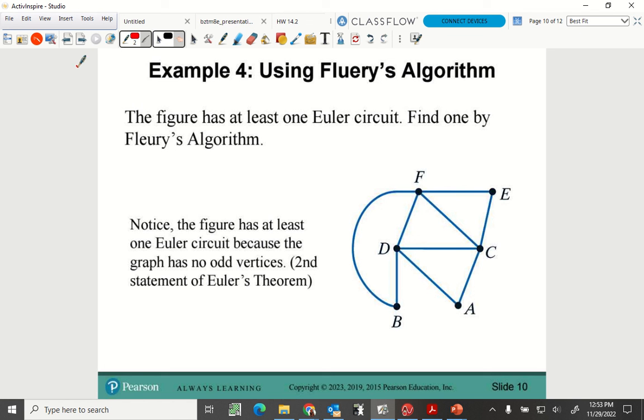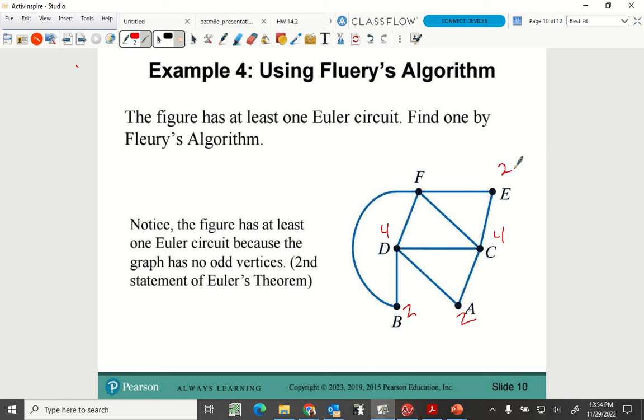All right, so in alphabetical order: A is 2. B is 2. C is 4. D is 4. E is 2.